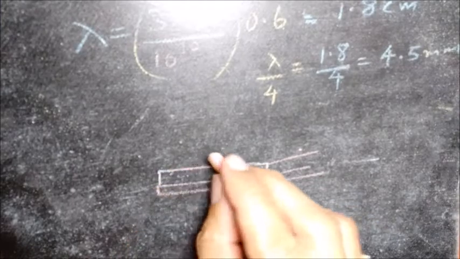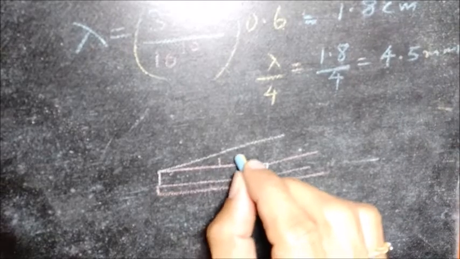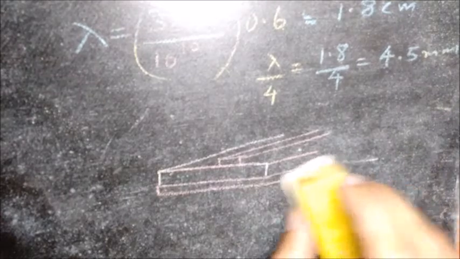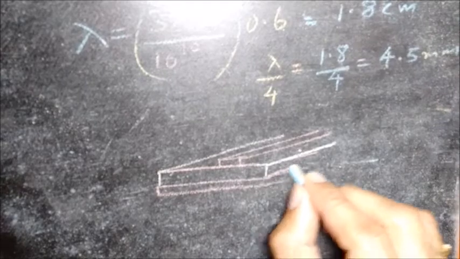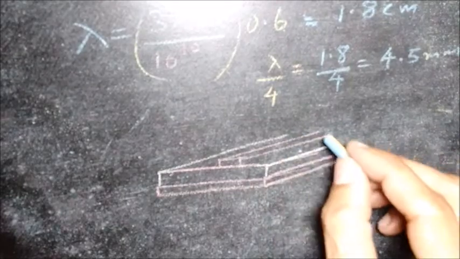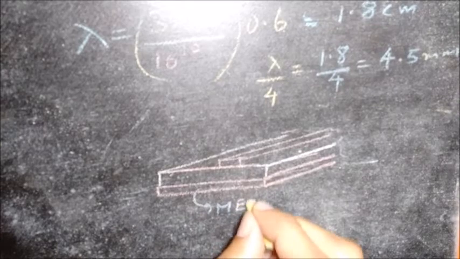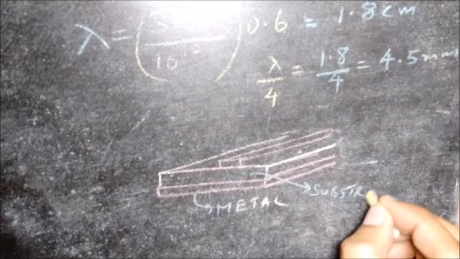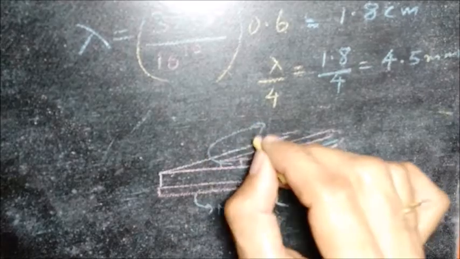This is a microstrip line. Of course, this continues. Now, this will be metal. This will be the substrate, a dielectric, and this will be a metal strip.